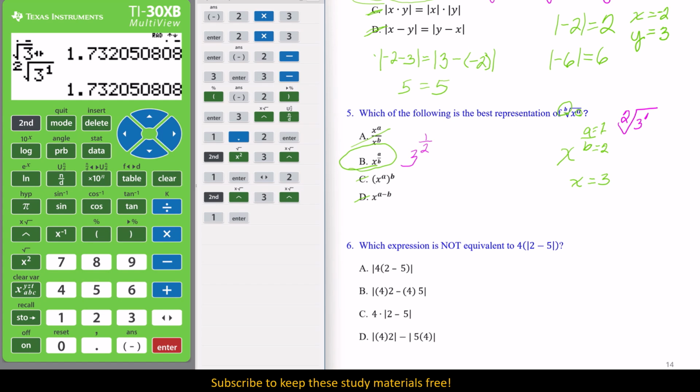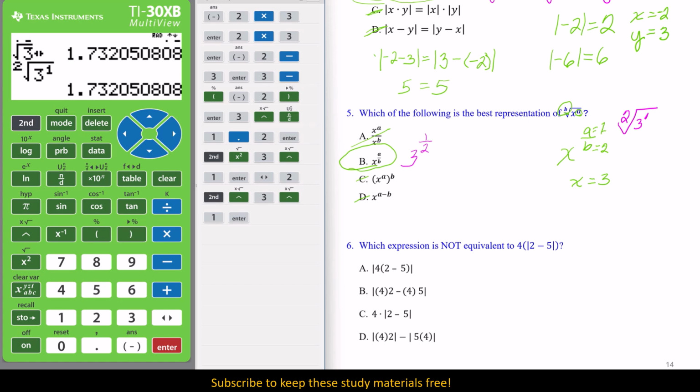All right, let's look at number 6. Which expression is not equivalent to 4 times, in parentheses, the absolute value of 2 minus 5. Well, let's go ahead and put that in. Let's think about that differently.